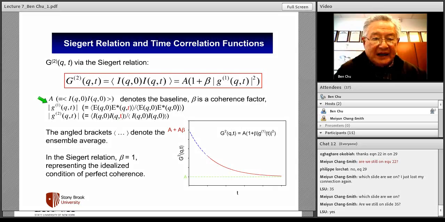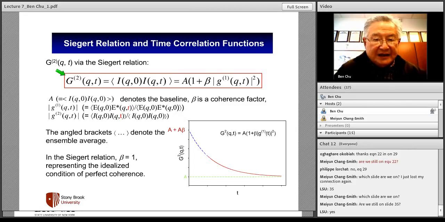The other is the electric field correlation function. And this is the first order because it's only E star of 0 and E of t. I've made the t red so you can see that. Now, this is a big G, which means this intensity time correlation function has not been normalized.